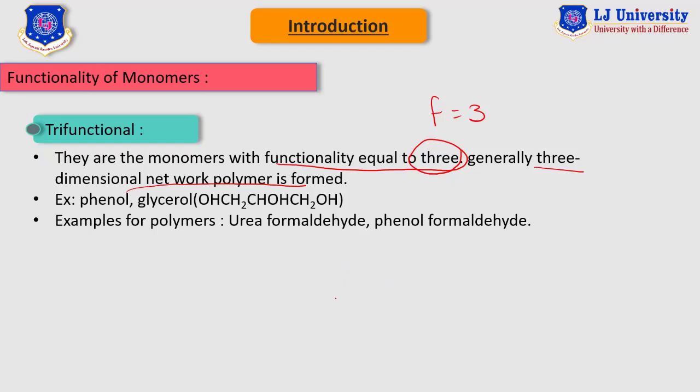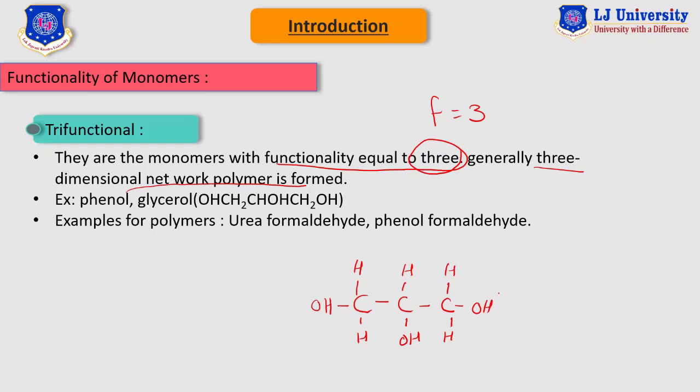So basically, let me draw this glycerol. It has three carbon atoms like this, and here this carbon is attached with two hydrogens like this and one hydroxyl group, OH group here. This intermediate carbon is attached to this hydrogen and OH group here. This last carbon is attached to this hydrogen in this way, and one more OH group is attached to it.